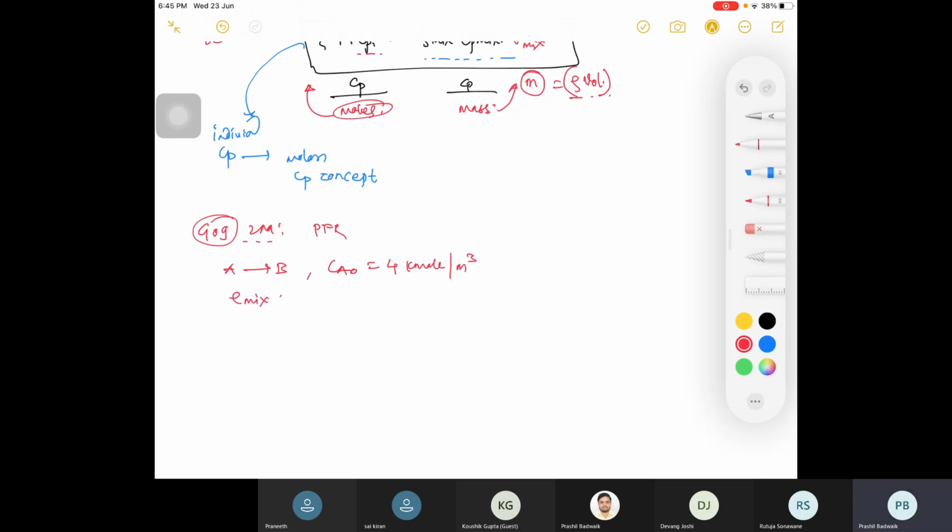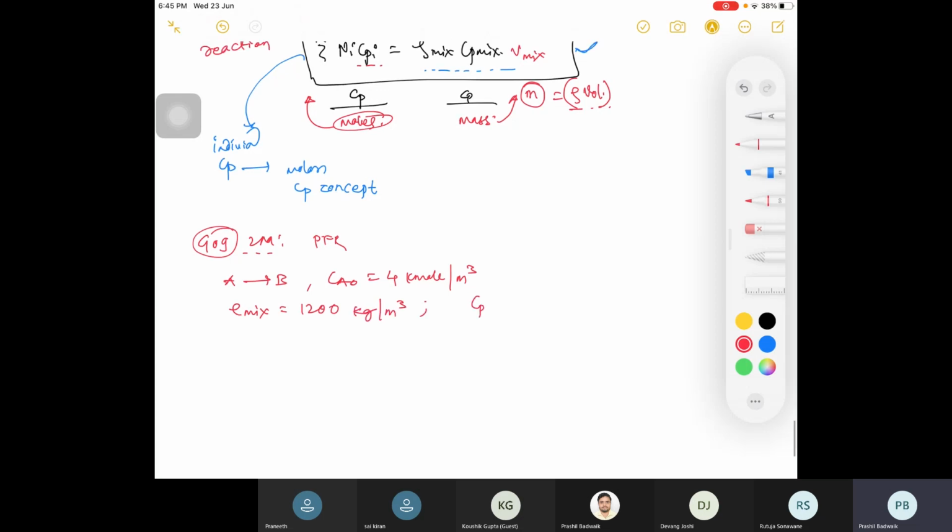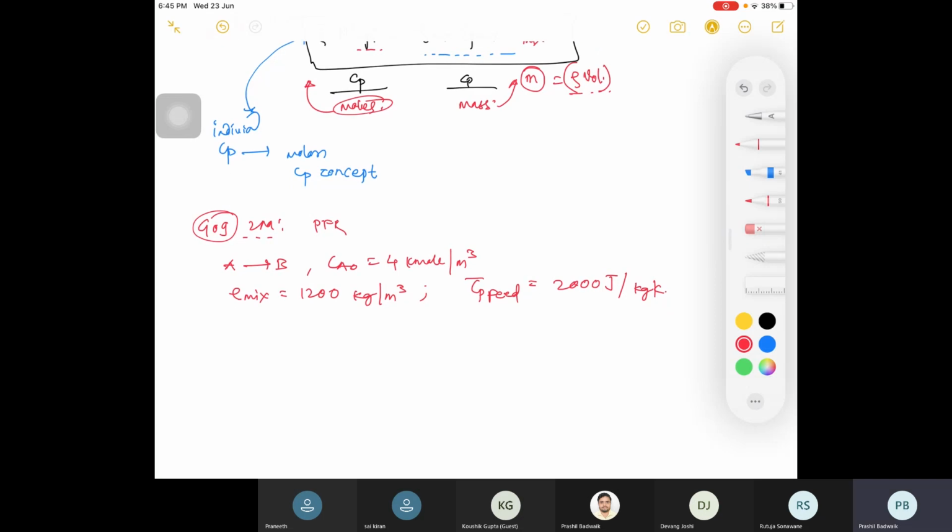Density of mixture is given as 1200 kg per meter cube, and Cp mean of the feed is directly given as 2000 joules per kg. I am repeating here, please be careful while writing units. 2 marks, both important.